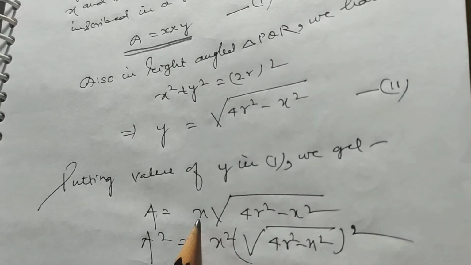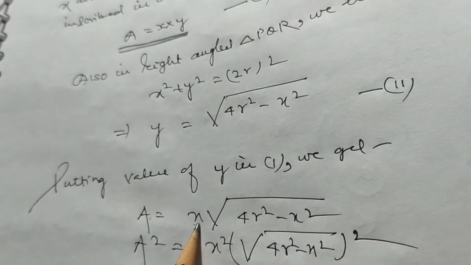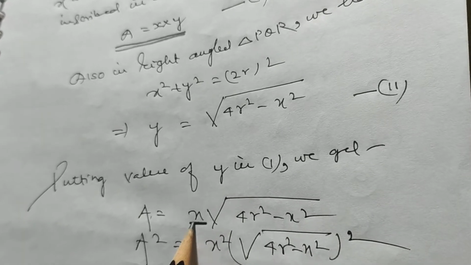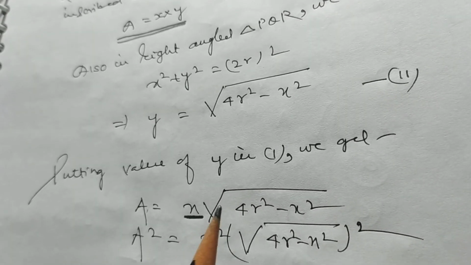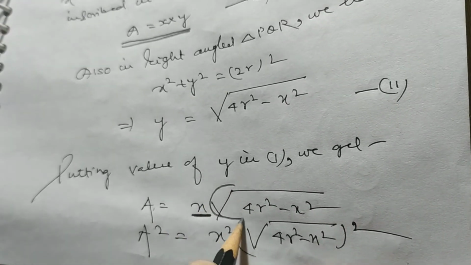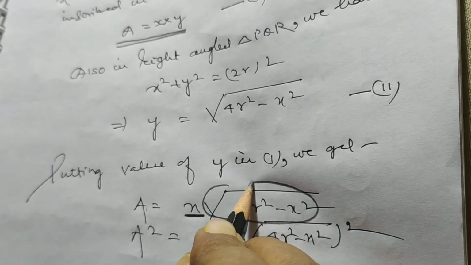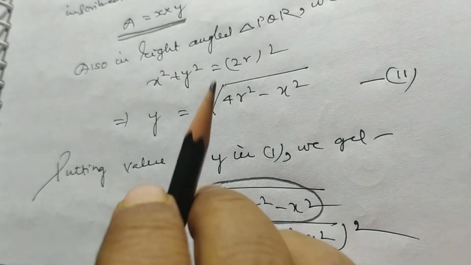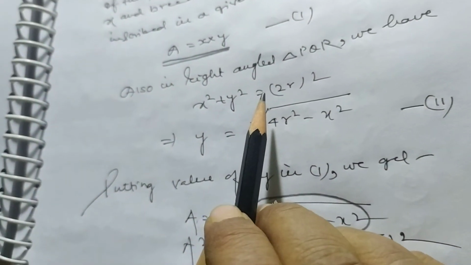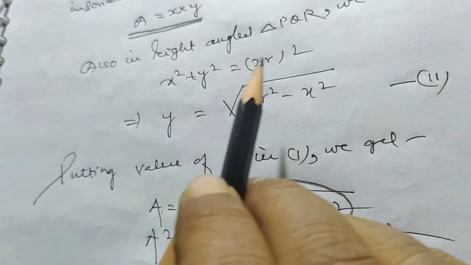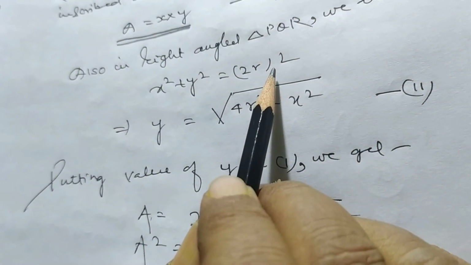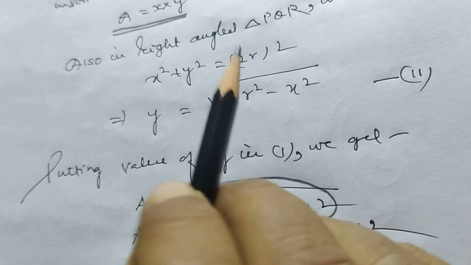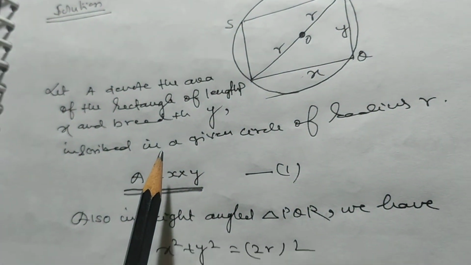area of the rectangle is x, where x is length, and y is here in terms of the radius of the circle. This we have used from the second equation: x square plus y square is equal to 2r square. 2r is the diameter of the circle.